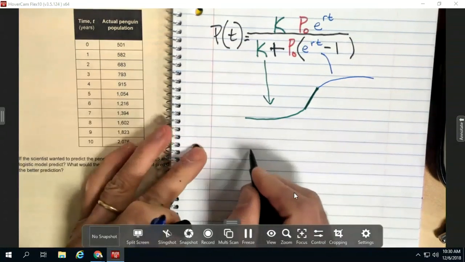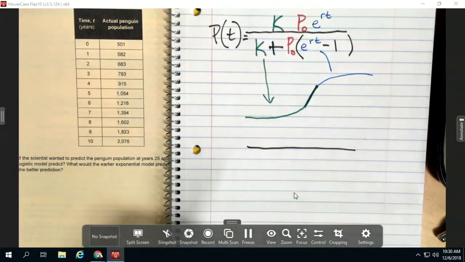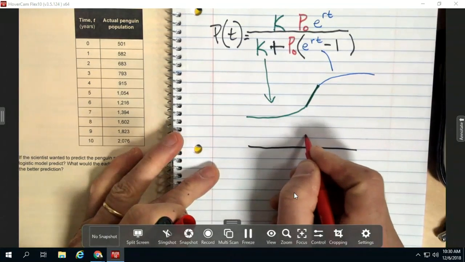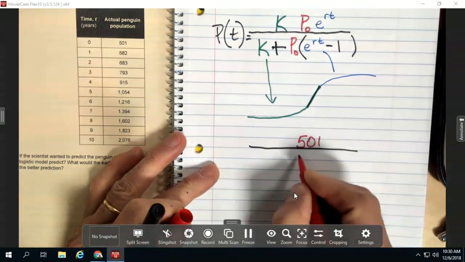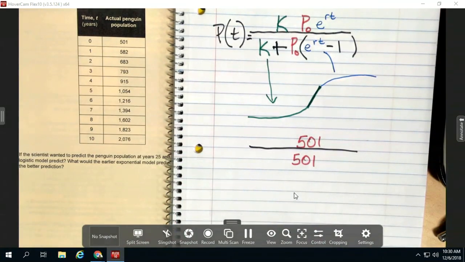In our formula, this is crucial. We know this number is 501. P sub 0 means the population at the beginning, 501.